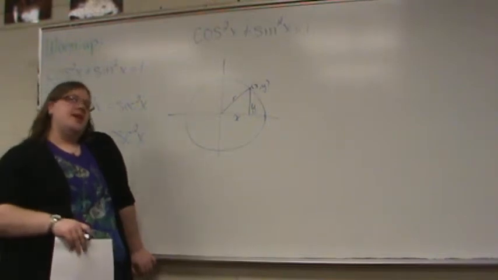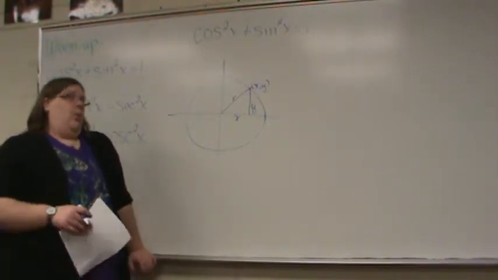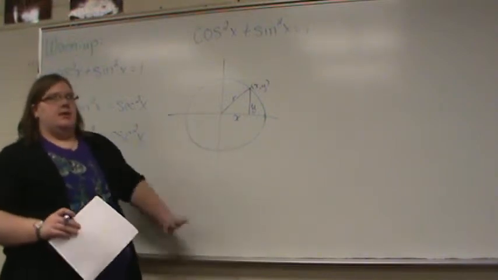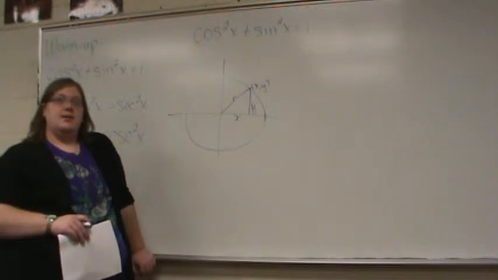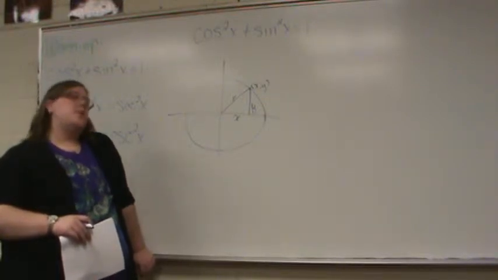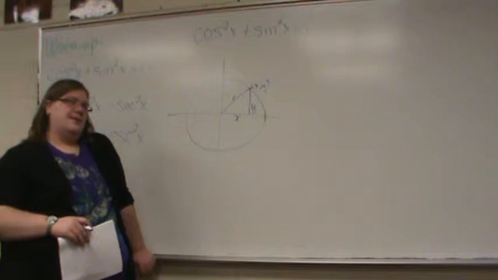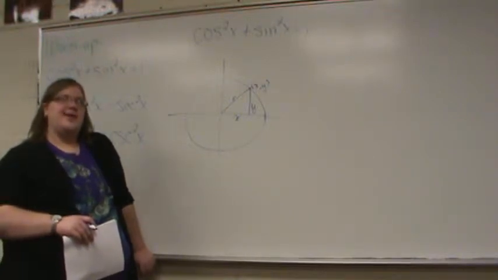So now, if we're thinking Pythagorean identities, what do you think we're going to have to do with this triangle? Maybe we're doing the Pythagorean theorem. We might be doing the Pythagorean theorem if we're dealing with a Pythagorean identity.